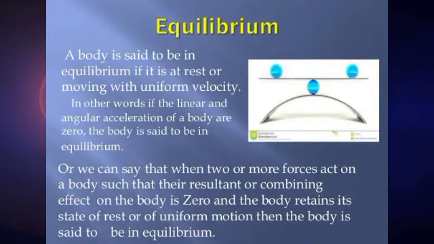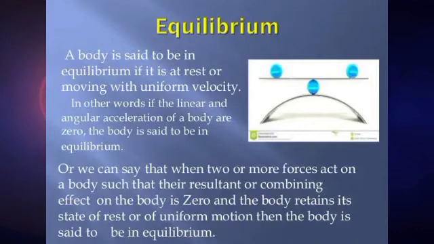When all the forces acting on the body are counterbalanced by equal and opposite forces, so that the sum of the forces equals 0, it is called the state of equilibrium. A body is said to be in equilibrium if it is at rest or moving with uniform velocity.